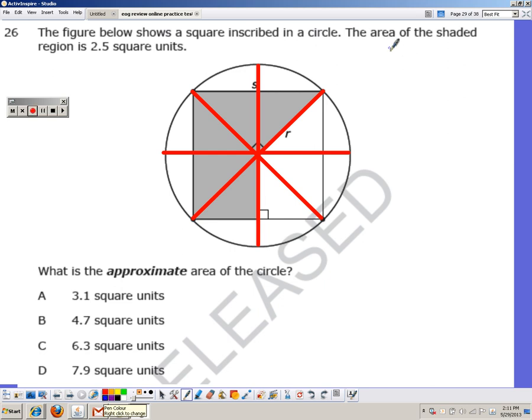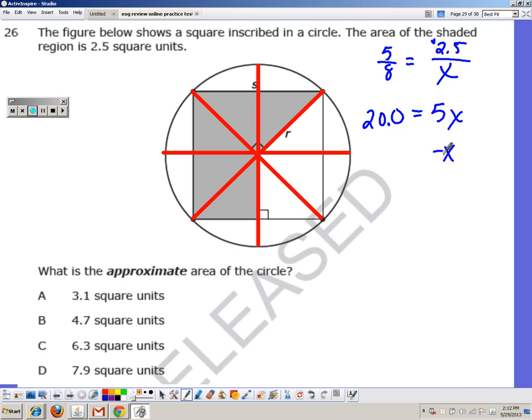So it's 5 over 8 equals, we know the whole thing is 2.5, and we're trying to find what each piece will be. So we got 2.5 over x. Now, all we gotta do is cross multiply. 8 times 2.5 is 20 equals 5x.